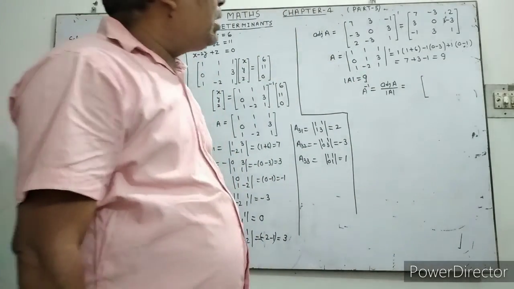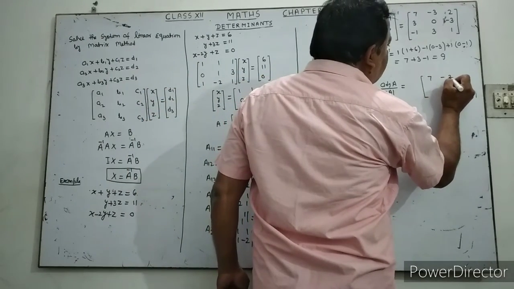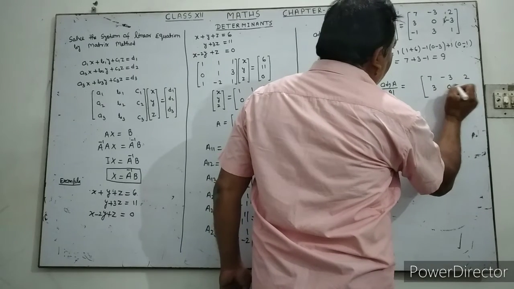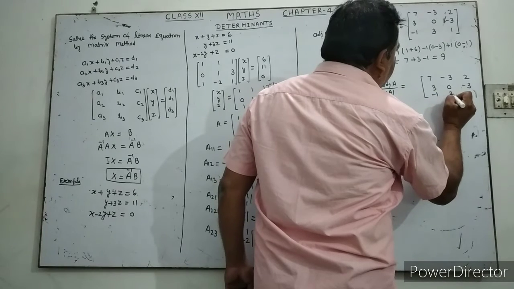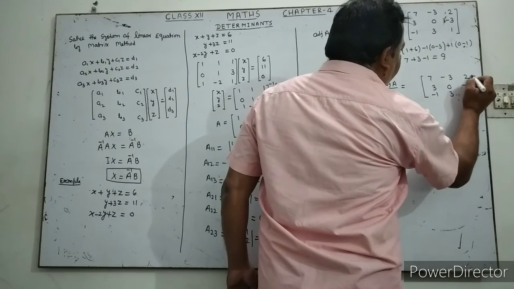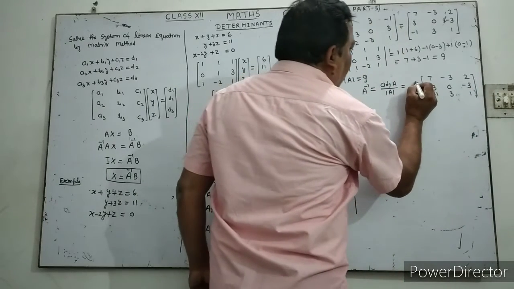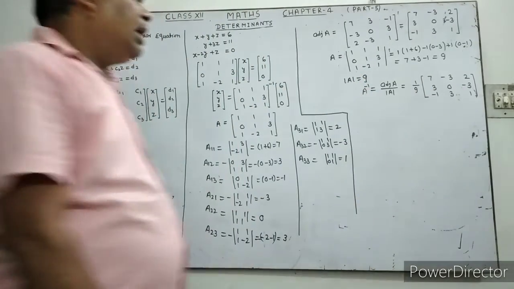You divide 1 by 9. Then this is 7, minus 3, 2, 3, 0, minus 3, minus 1, 3, 1, and 1 upon 9. This is the A inverse.